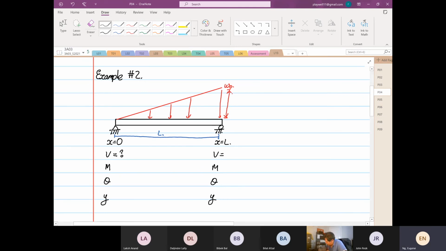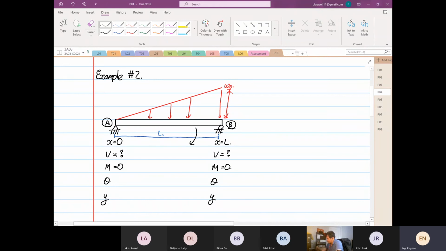So V is definitely not equal to 0. We don't know what it is. M is equal to 0, right? So when x is equal to 0, M is equal to 0. Why? Rather than support L, I call this point A, and this point B. If we remove the support at point B, the entire structure will start to rotate. Yes or no?